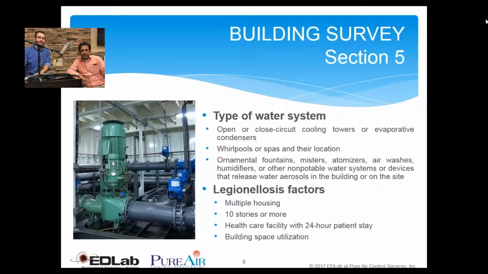Under that structure, we need to identify the vulnerabilities or factors that can be directly associated with Legionellosis, such as multi-housing. Like I said, this standard doesn't apply to a single-family home. The standard also says that a building of more than 10 stories is more vulnerable than otherwise.